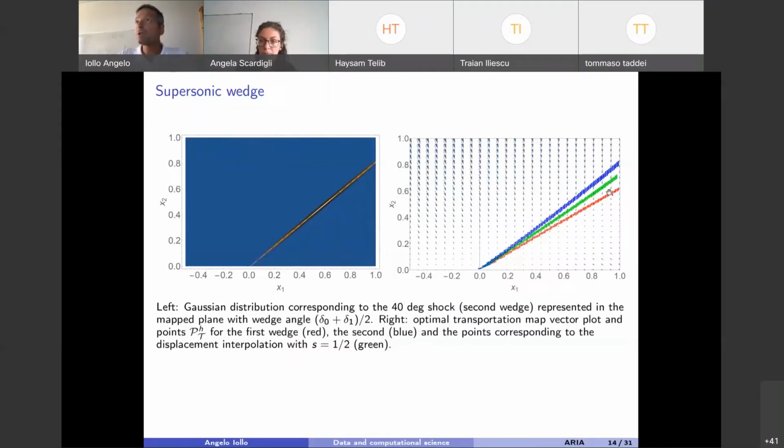And the mapping results in the green markers, which are interpolated between the blue markers and the red markers. The vector field of the mapping is represented here by the arrows, which is very physical, very reasonable in terms of what you would expect.